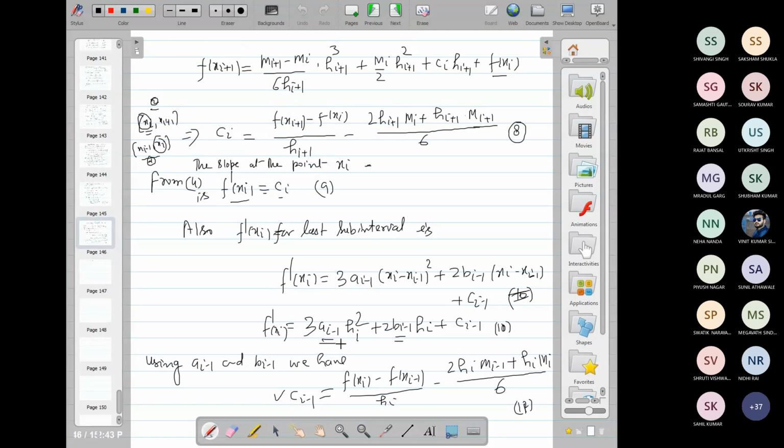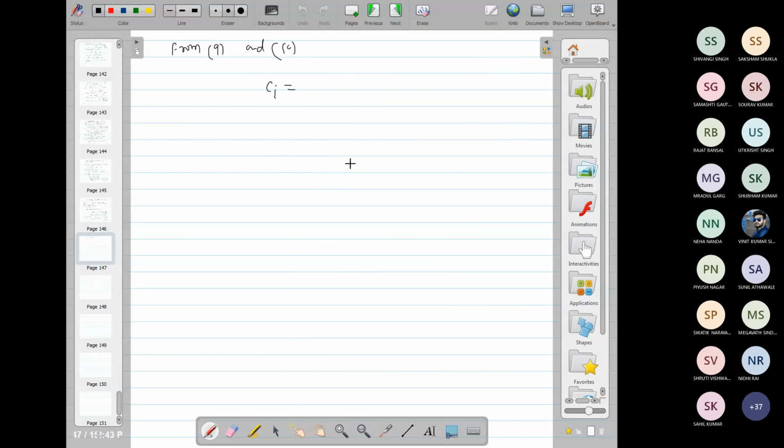3ai minus 1 hi square plus 2bi minus 1 hi plus ci minus 1.